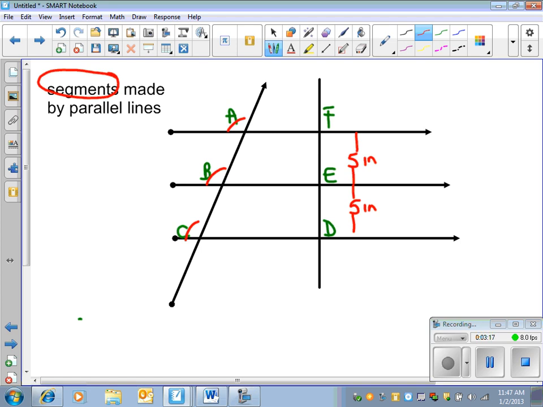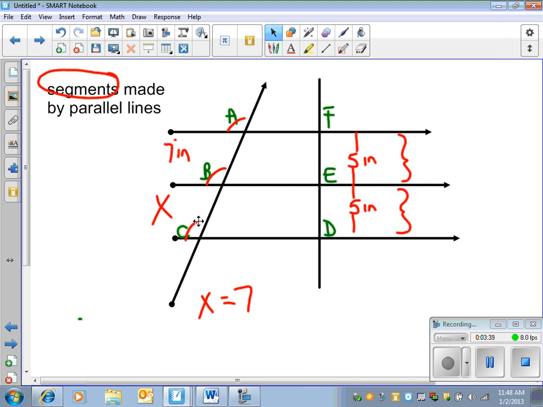So if A to B is, let's say, 7 inches, what do you think it is from B to C? You guessed it, x is equal to 7. So what do we know about this? If we have parallel lines that are crossed by transversals and the sections are of equal distance, then the other transversal would definitely make equal segments as well.